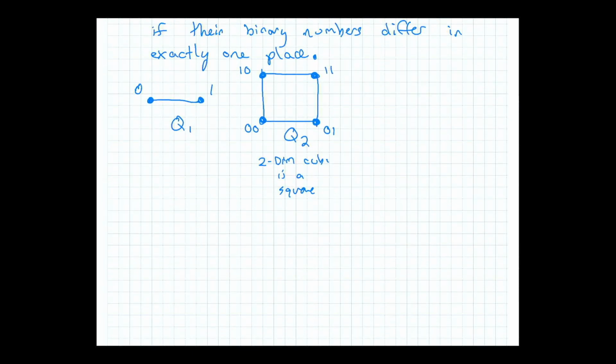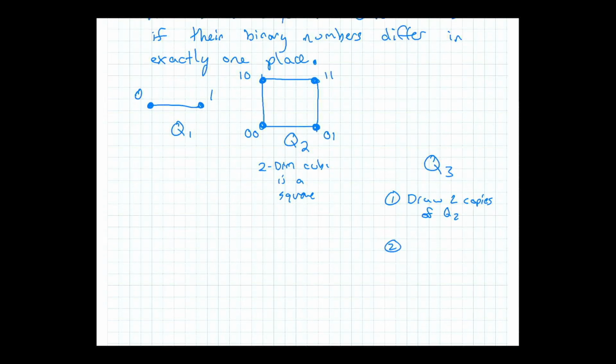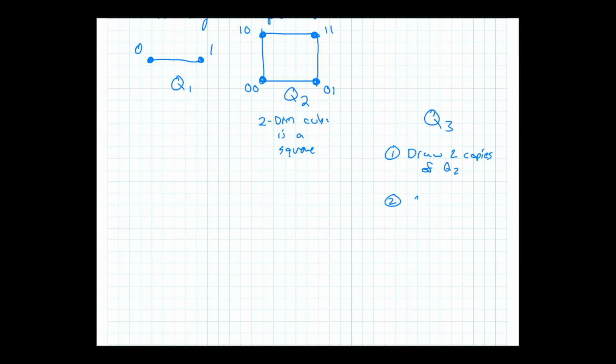So if you want to draw Q3, which is actually going to be a cube, what you do is you kind of draw two copies of Q2. And then what you do is you connect corresponding vertices with edges.